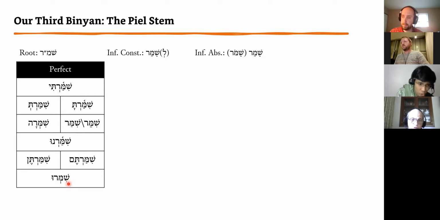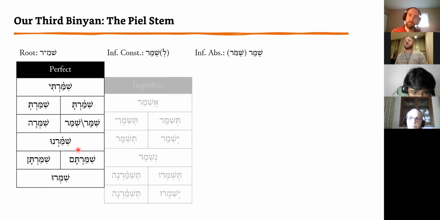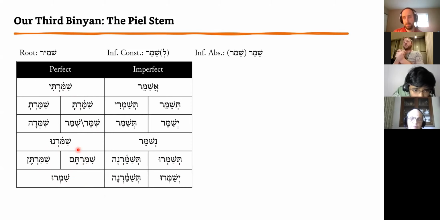Okay, that's basically the structure of the Piel. It's i-a most of the time. Even though we say Piel, in the perfect tense it becomes a in all forms, except for the third masculine singular. Okay, looking at the imperfect, we're going to have basically this internal structure, a.